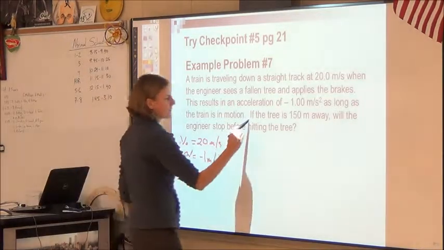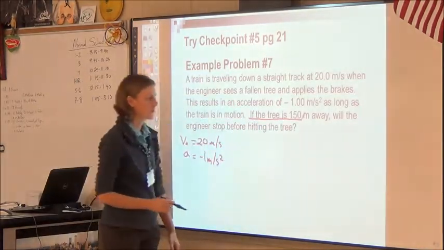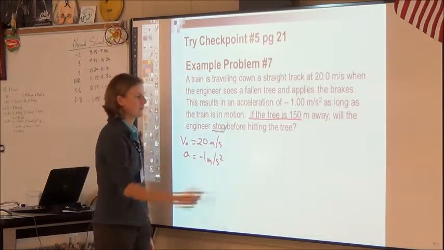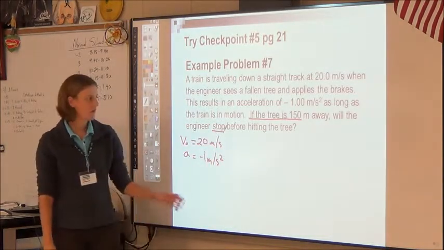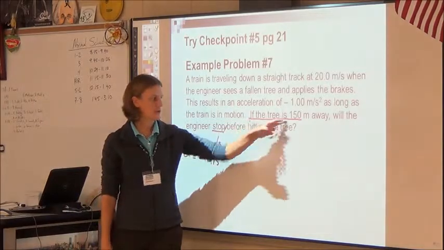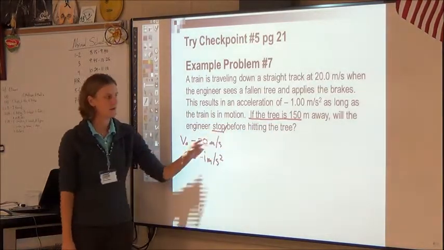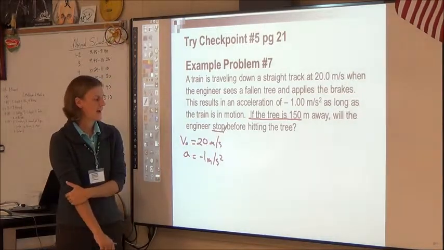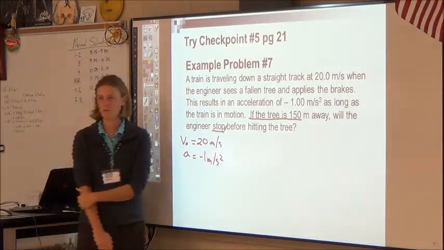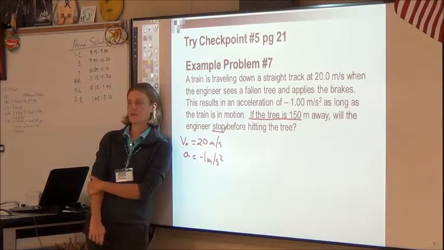And now here's where we kind of have to decide how we want to approach the problem. We got 2 last pieces of information. The tree is 150 meters away, and we need the train to stop. So how do you want to go about thinking about this problem? Like any ideas? What would be a good plan of attack here?